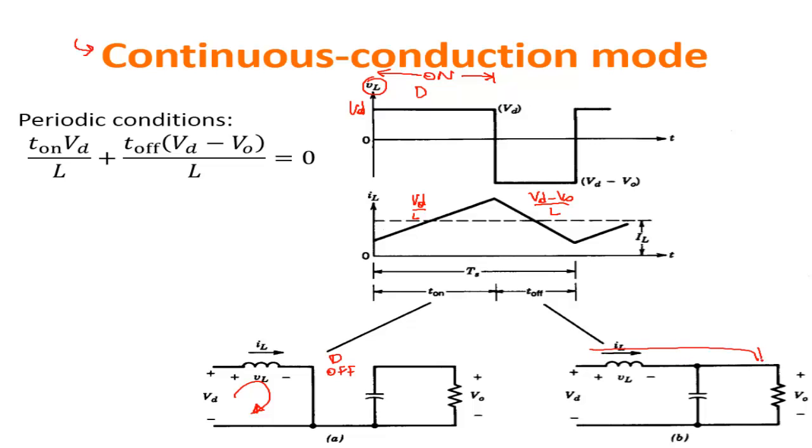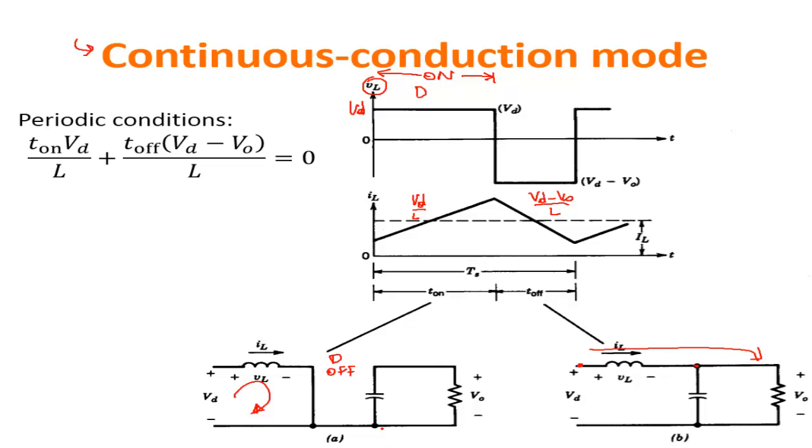The voltage applied to the inductor is Vd minus Vo, and of course is negative, and the current is decreasing, and the slope is (Vd minus Vo) over L. Vd minus Vo is a negative quantity.